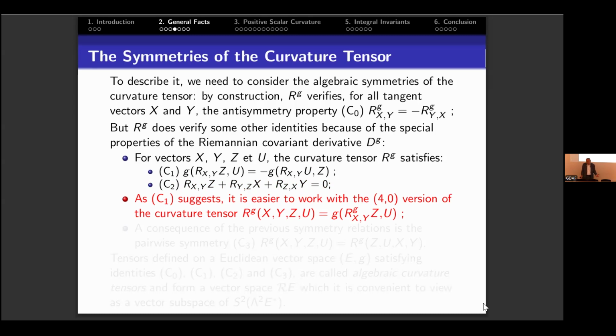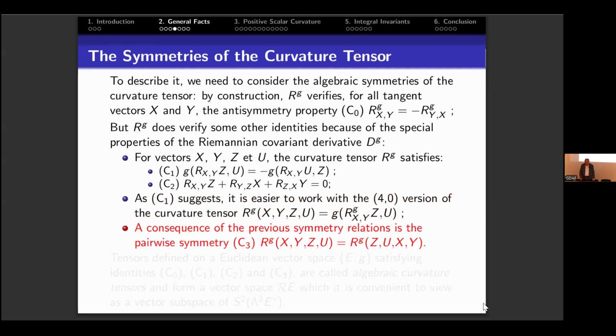Then you get a 4-tensor, which is purely covariant. This is what I call the 4-0 version of the curvature tensor. And it's very easy to see that the consequence of C1 and C2 is that you have this symmetry in pairs: if you exchange X, Y and Z, U as pairs, you don't change the value.